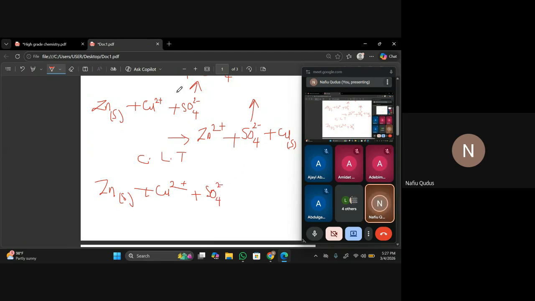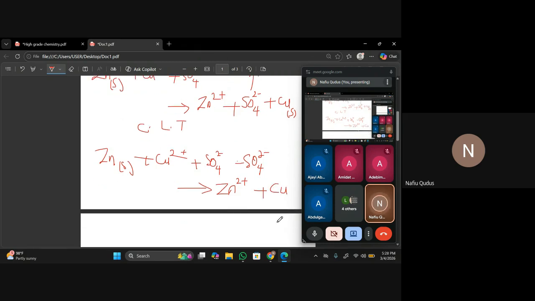This plus SO4 2 minus is coming here, becomes minus SO4 2 minus, which gives Zn2 plus Cu. Are we together? So this SO4, we cancel this, which later becomes what?